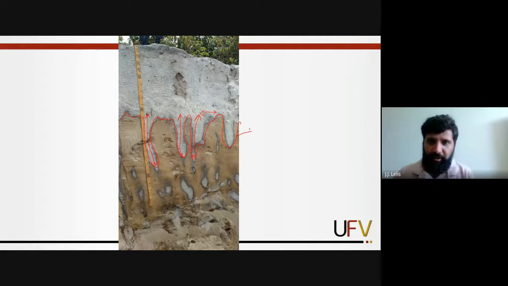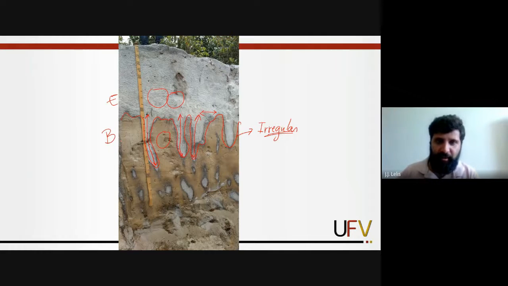So here we can see the irregular boundaries between this white and sandy horizon, and this yellow and sandy horizon. This is an E horizon, and this is a B horizon.